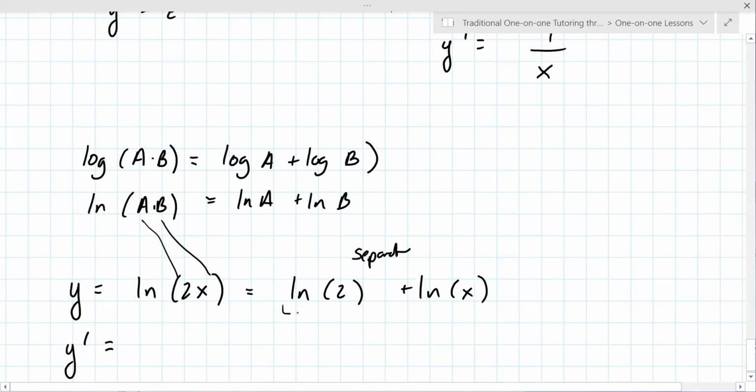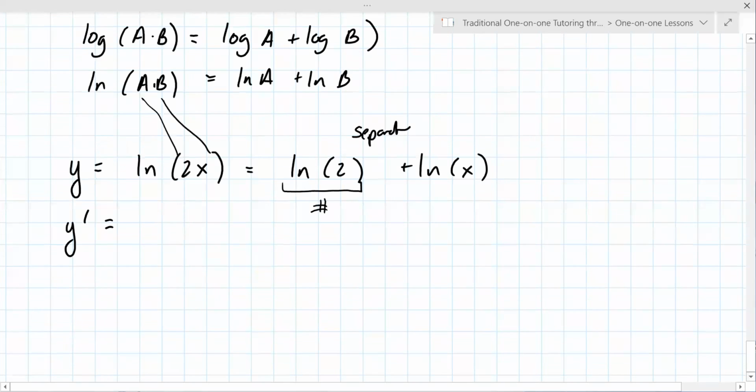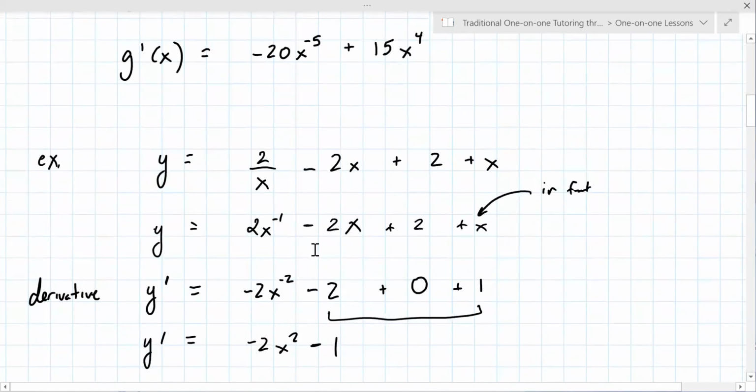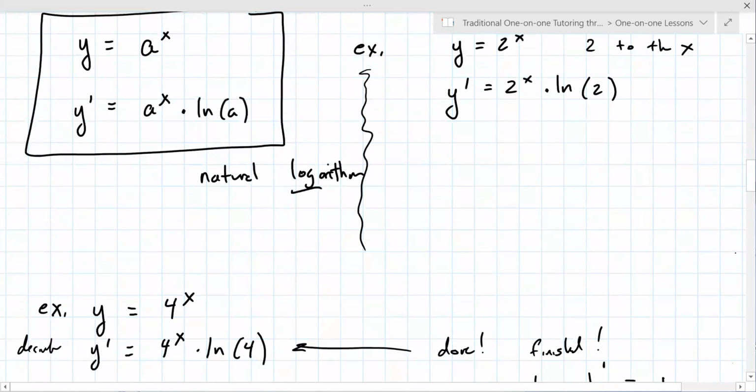So the natural log of 2 is a number. Do you agree with that? Yes. So what is the derivative of a number? Let's scroll up here. What was the derivative of 2? 0, because it's a number.